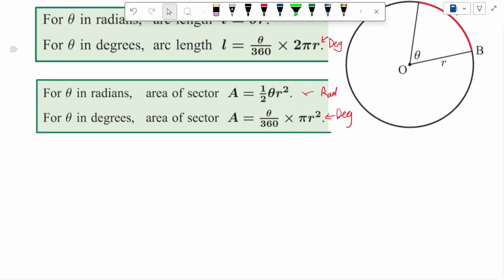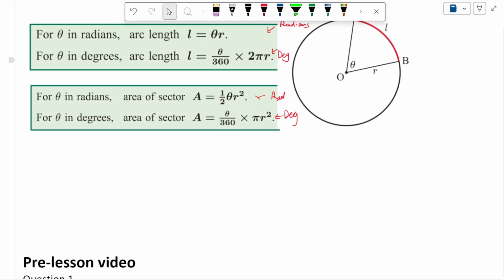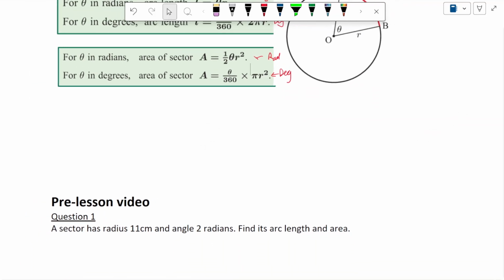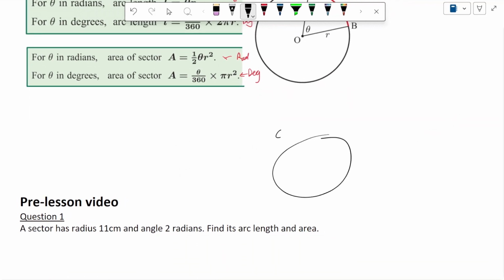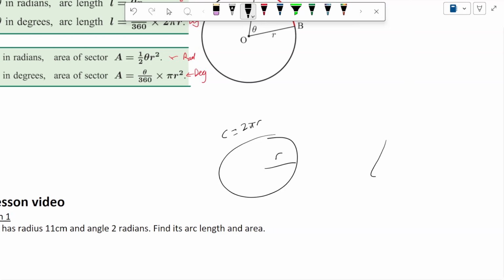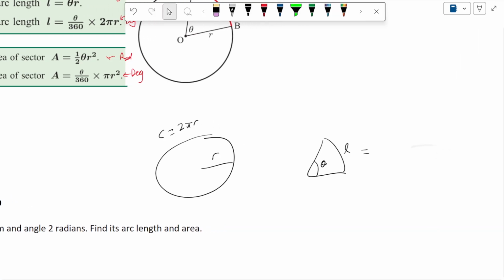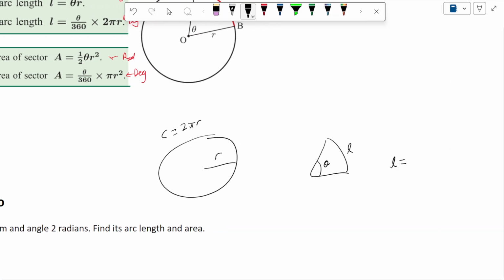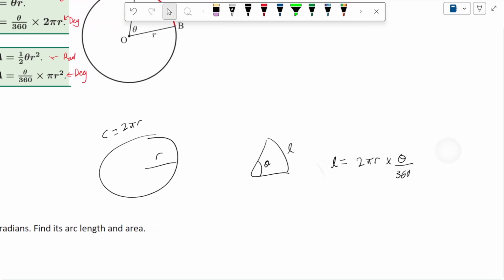I'll give an example of the area formula and how this sort of comes about. Or maybe I'll give an example of both. The circumference around a circle is 2 pi r. If that's r, the circumference is the whole length around. So if I have an angle theta, and I want to know the length, that length is 2 pi r times that angle out of, now in degrees it's 360 around a whole circle.